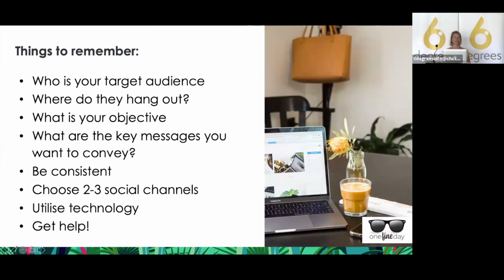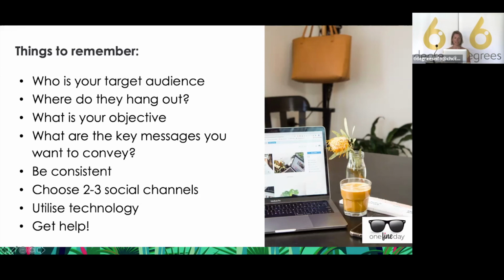So a lot of information to cover off there. But the key things to remember: who is your target audience, finding out where they hang out, understanding what your objective is and the key messages that you want to convey. Be consistent. When it comes to social media, choose 2 to 3 channels that are going to work for you.